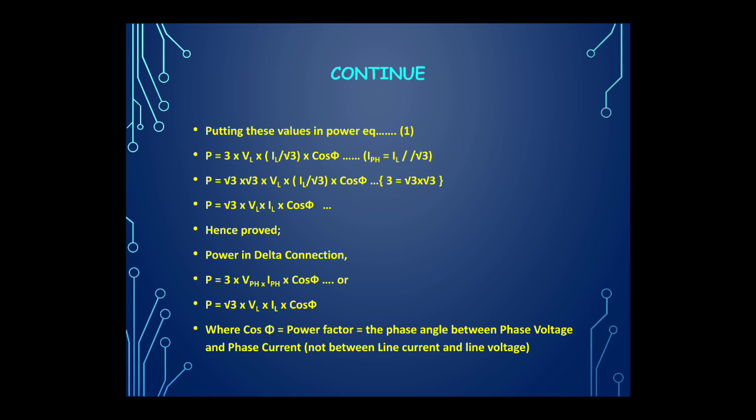Here cos phi is the power factor, and phi is the phase angle between phase voltage and phase current, not between line voltage and line current. So phi is the angle between I phase and V phase, and the cosine of this phi is called the power factor.